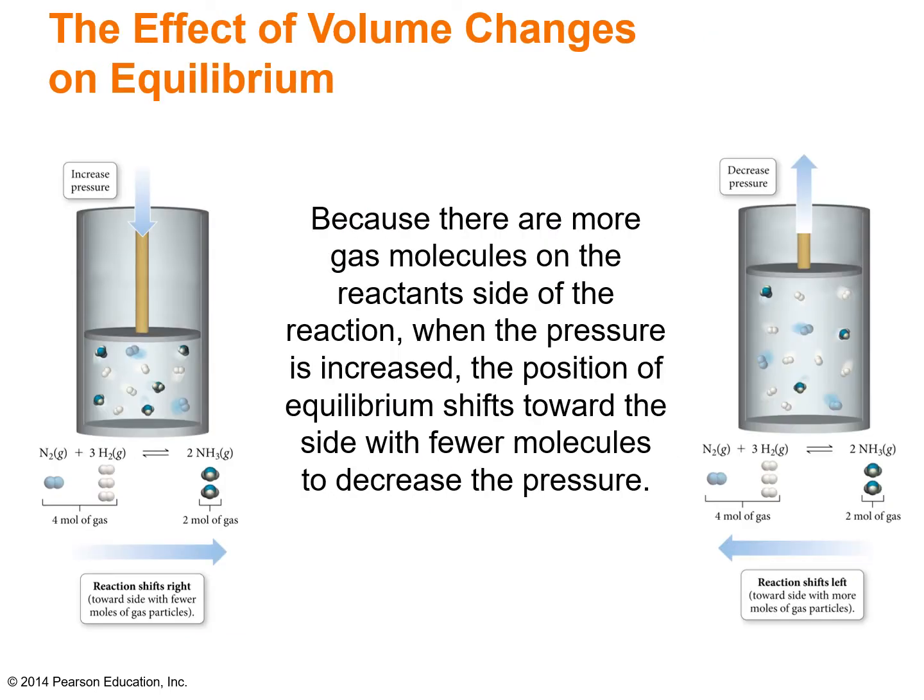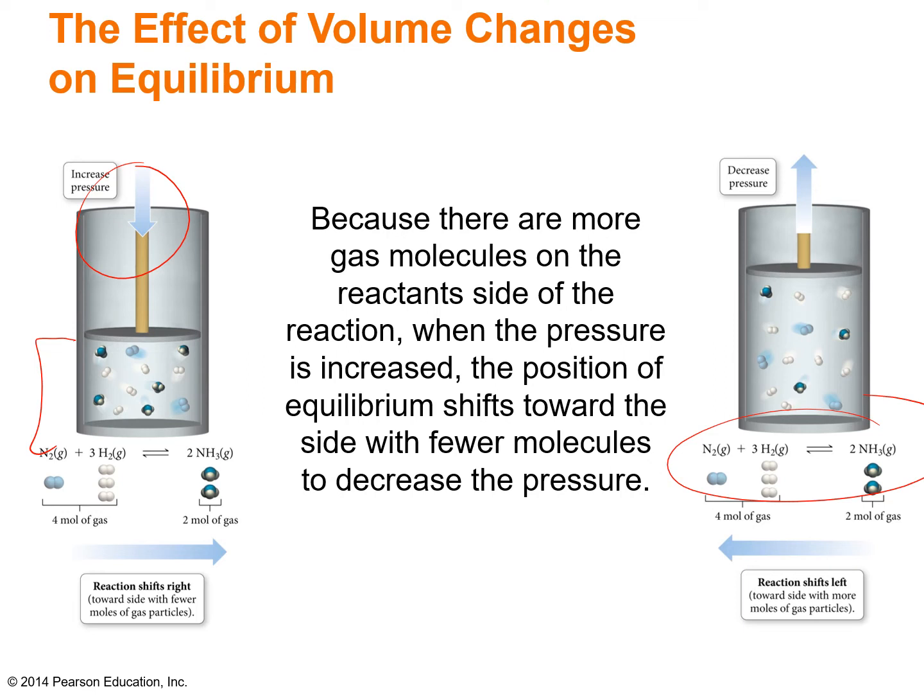Now, we're going to shift gears a little bit and look at it pictorially. So volume, right? We have volume here, and we have a source of pressure. Because there are more gas molecules on the reactant side of the reaction, what reaction are we talking about? We're talking about the reaction right here: N2 plus 3H2 yields 2NH3.